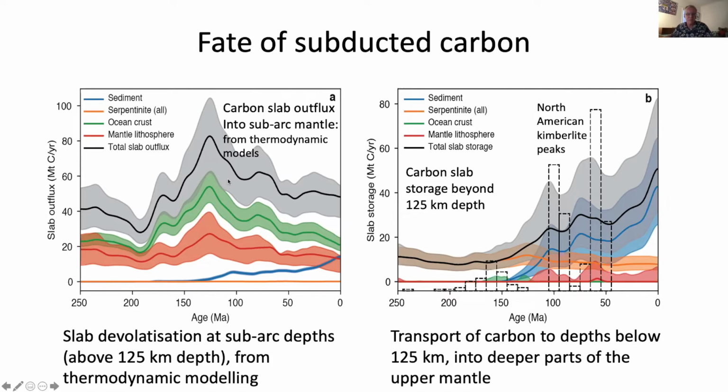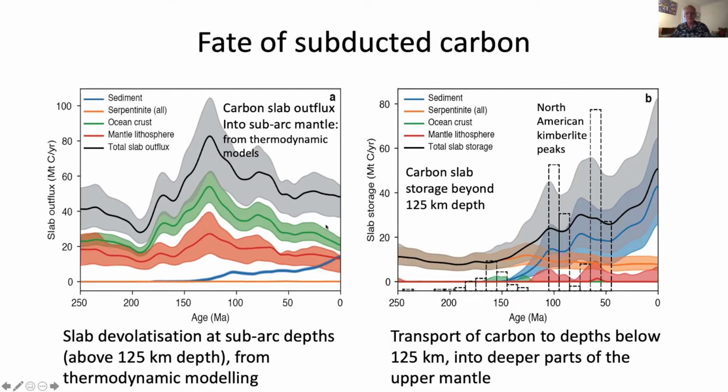We're working with Chris Gonzalez and Veronica Gorczyk at UWA for this purpose, because they're experts in thermodynamic modeling. And these models tell us that the crust and the mantle get nearly 100% devolatilized into the shallow mantle, right? As on their way down, they lose all the carbon relatively quickly, whereas the sediments are surprisingly resistant to devolatilization. Once they've lost much of their water, carbon tends to stick to these sediments, right?